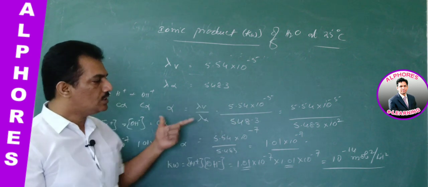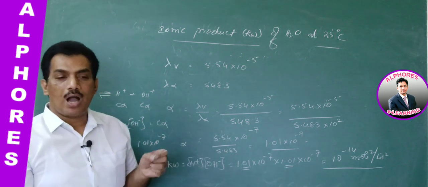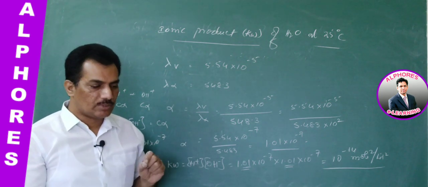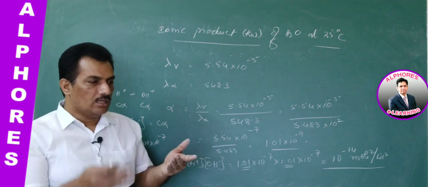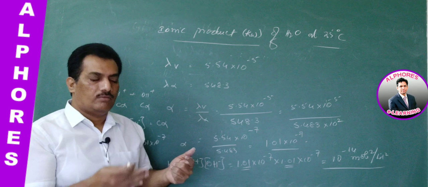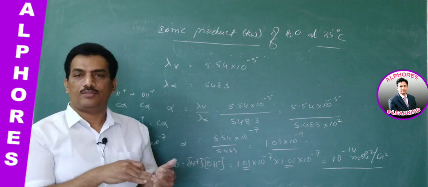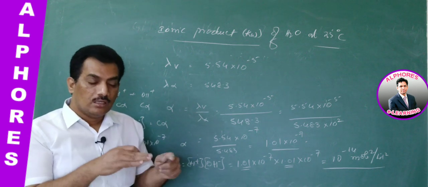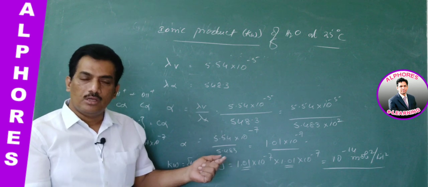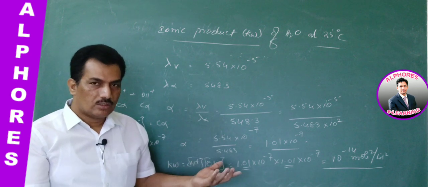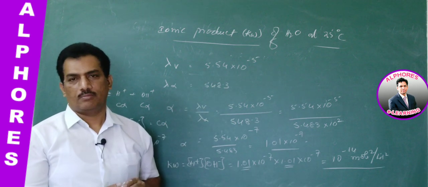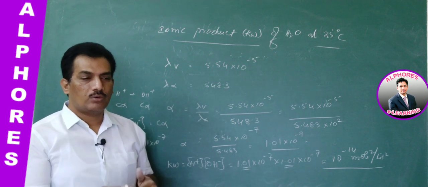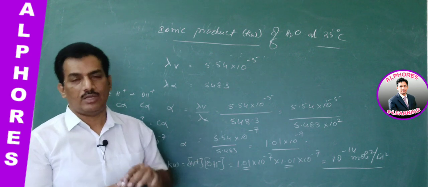Clear? So with this we completed the qualitative aspect. Qualitative aspect means what we studied till now: when current is passed, how much conductance the electrolytes will carry, towards which electrode the ions will proceed, and at which electrode they will discharge. All these are qualitative aspects. In the coming session we are going to enter into the quantitative aspect.